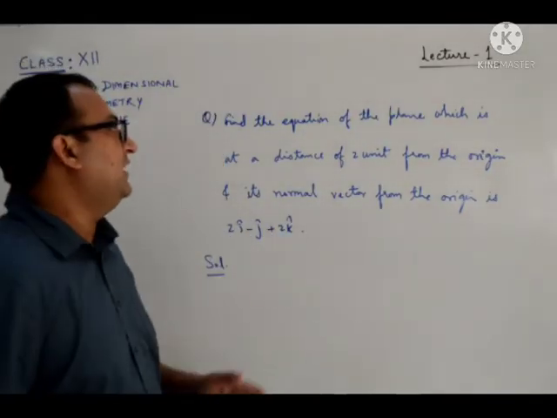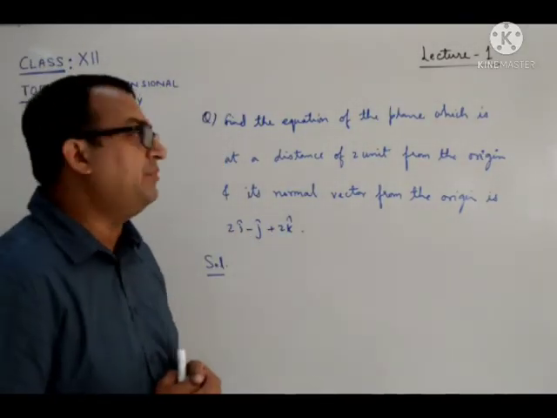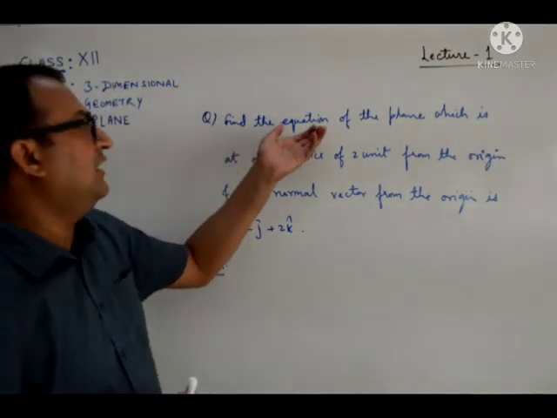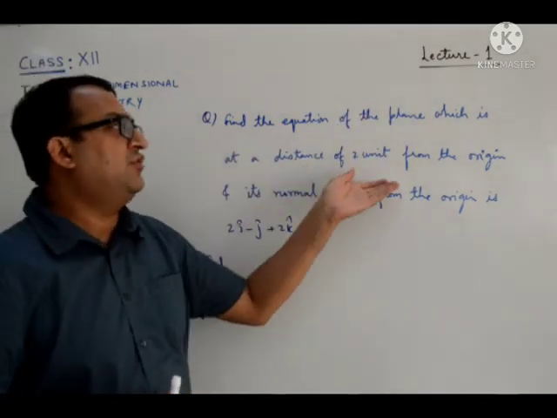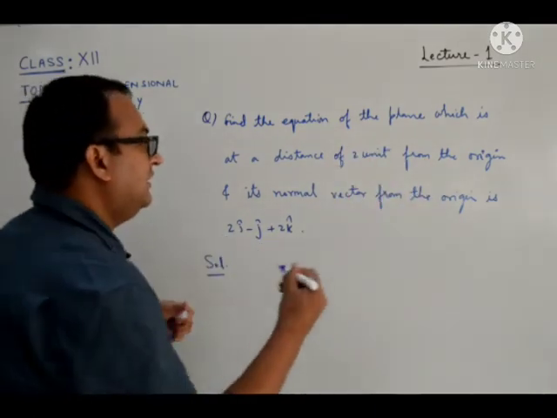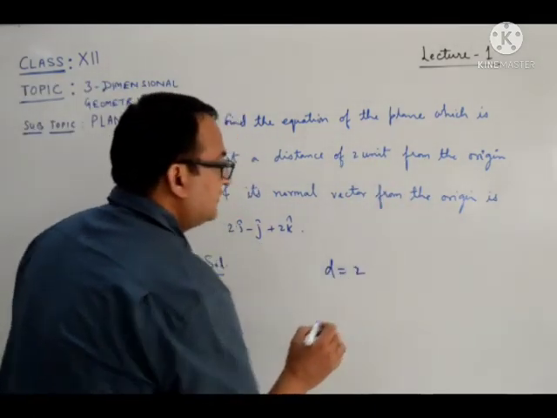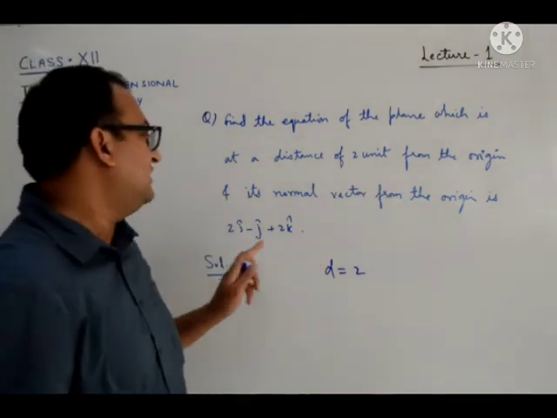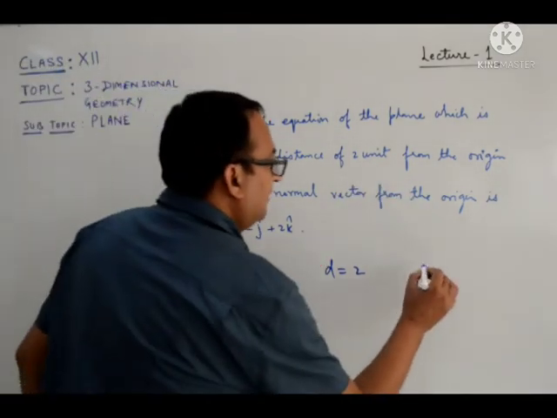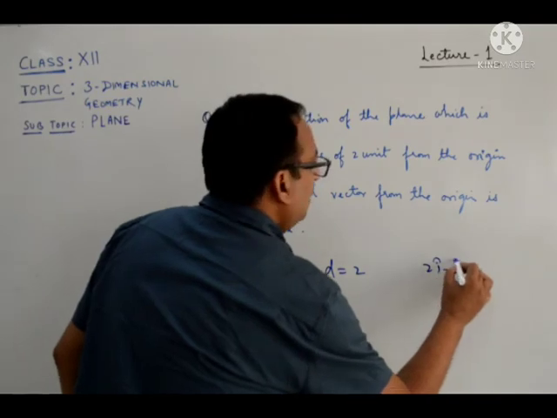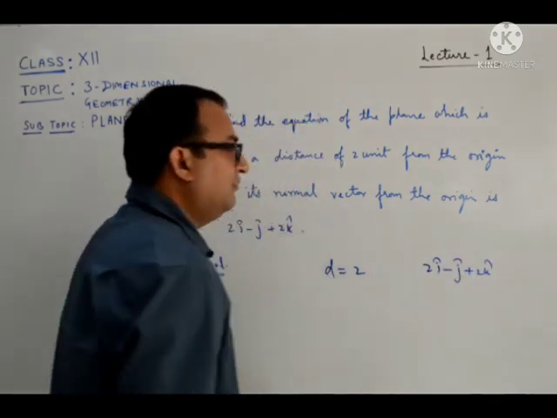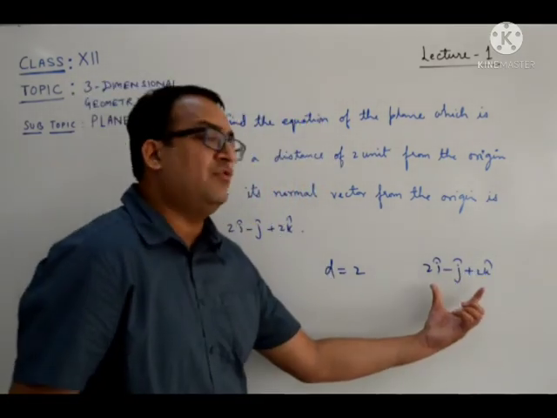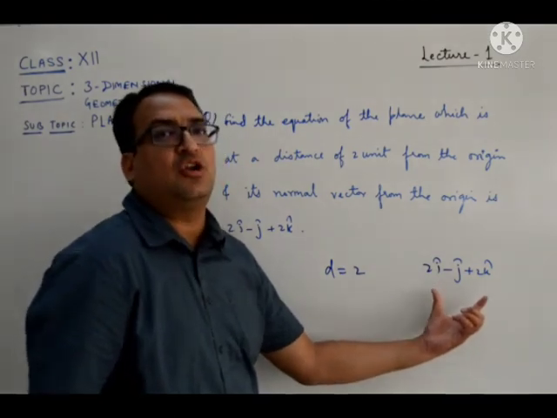Moving on to a problem based on the normal form of the equation of a plane, we have to find the equation of a plane which is at a distance of 2 units from the origin. It means d is given, the distance of the plane from origin is 2. And the normal vector is this. From the magnitude, you can find out whether it is a normal unit vector or just a normal vector.